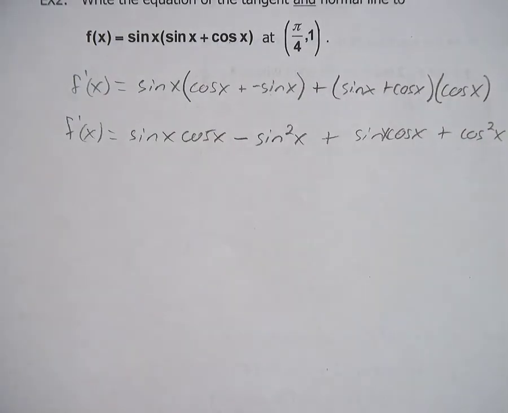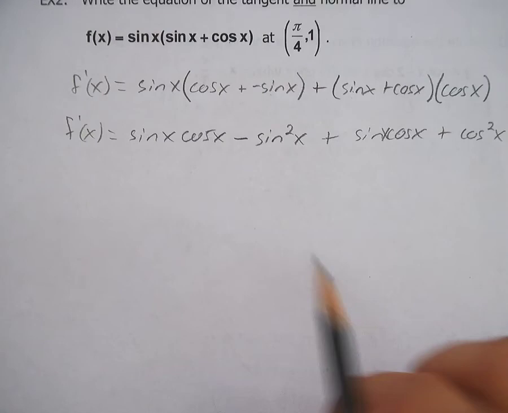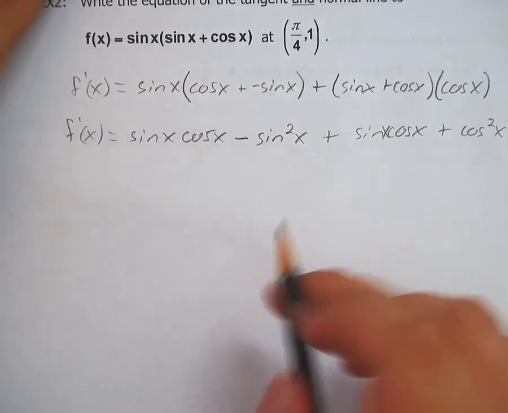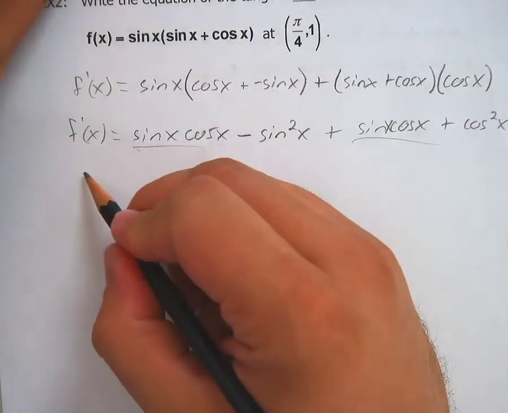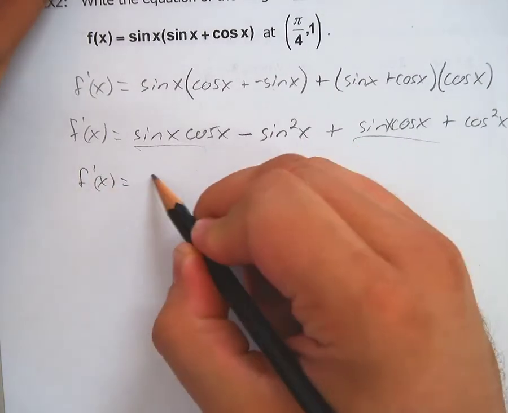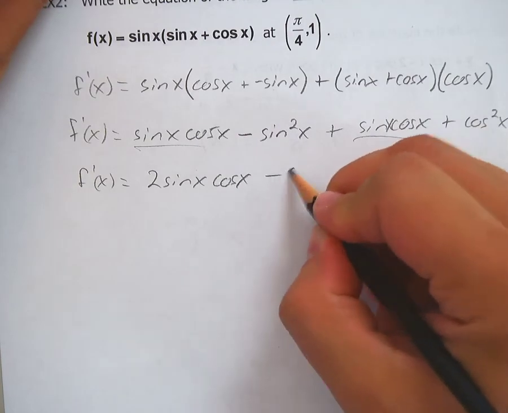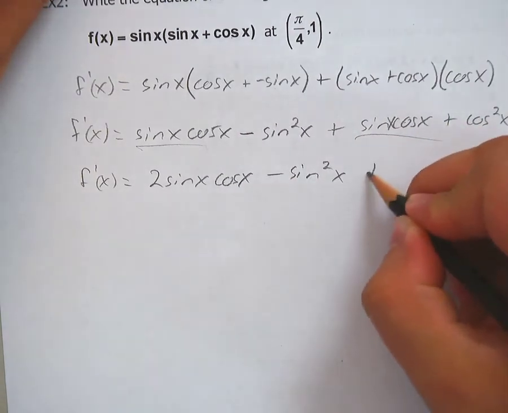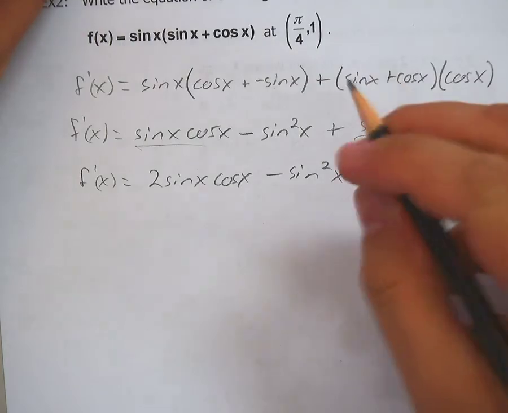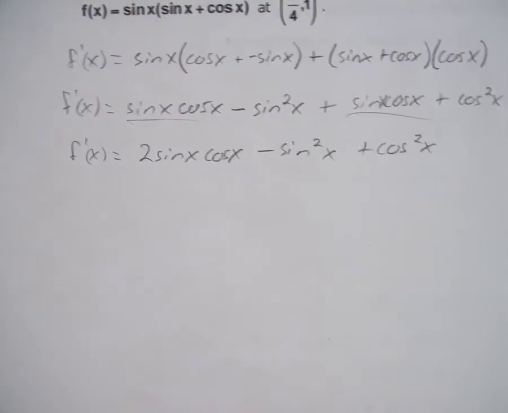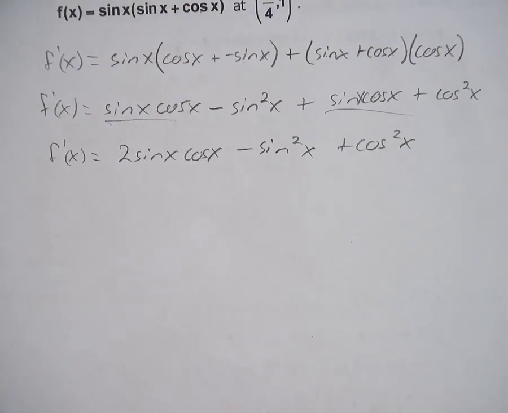Now I'm trying to find a derivative at a point. You can actually simplify this a little bit farther. If you wanted to, you can bring your sine x and your cosine x together. F prime of x is 2 sine x cosine x minus sine squared x plus cosine squared x. You can do that if you really want to. It may save you a little bit of time. It's okay to do that.